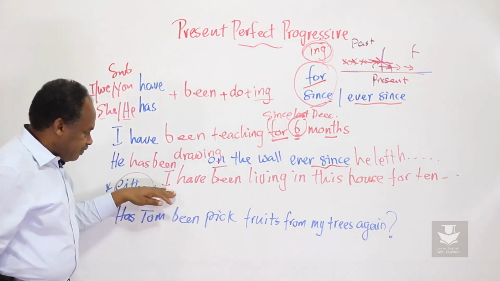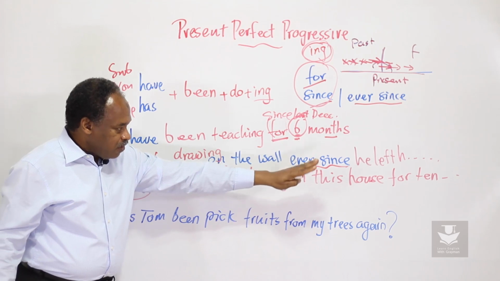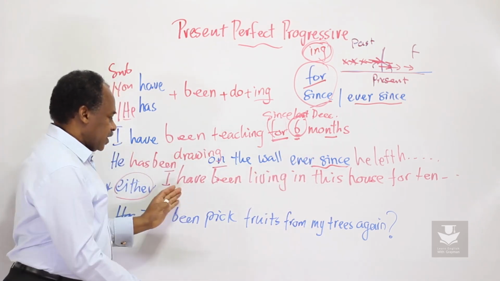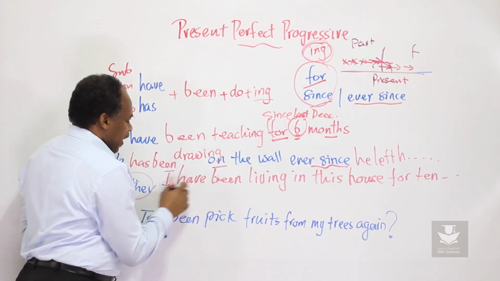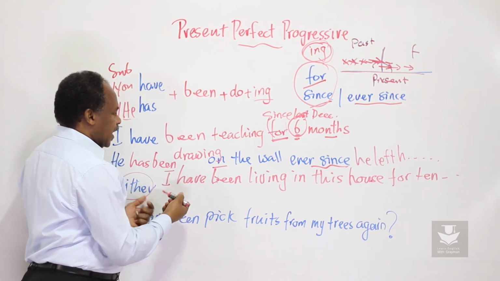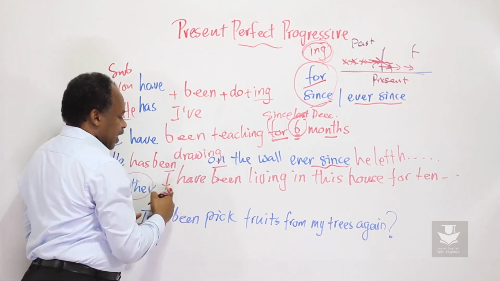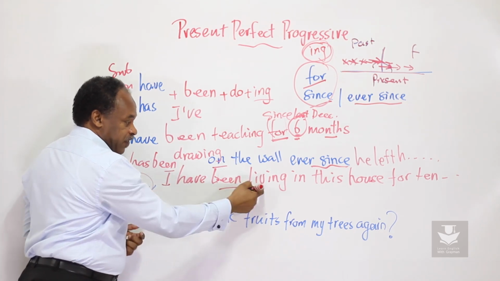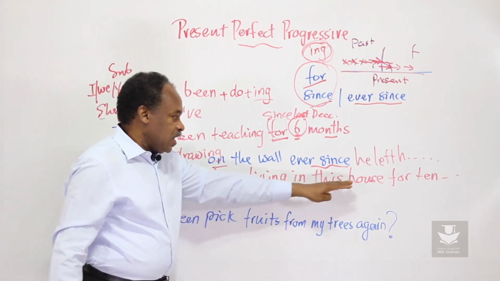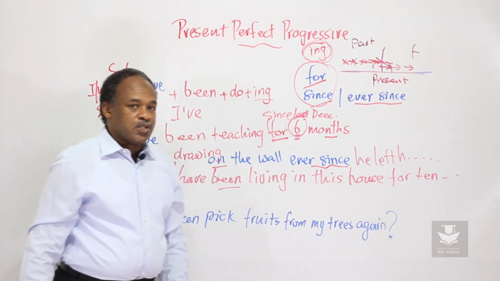Let's look at this. I've been living in this house for 10 years. You can make the contraction. Instead of saying, I have been, you could say, I've been. I've been here. I've been living in this house for 10 years.